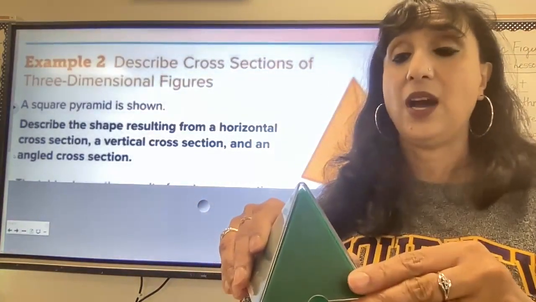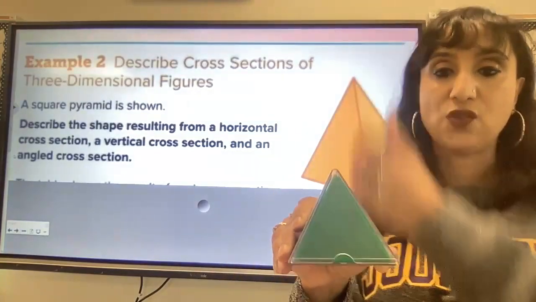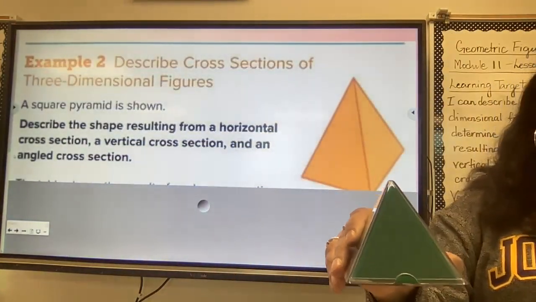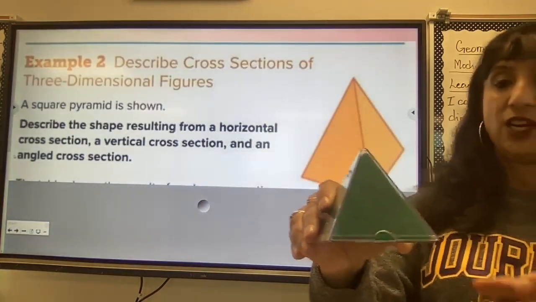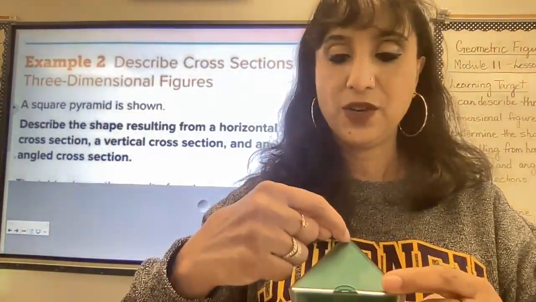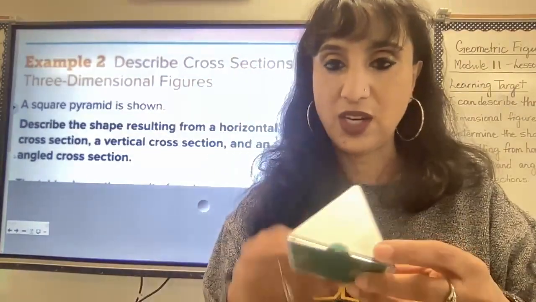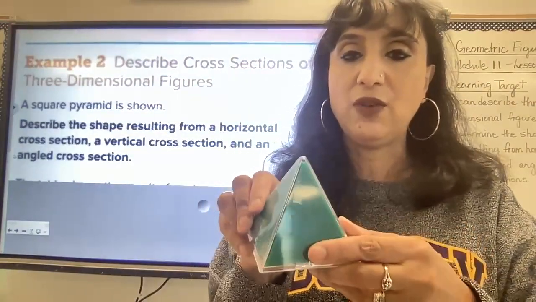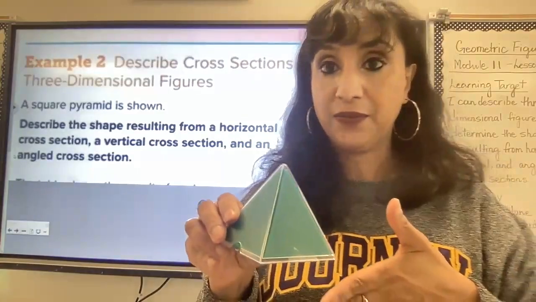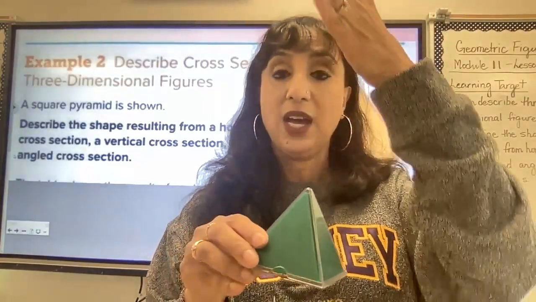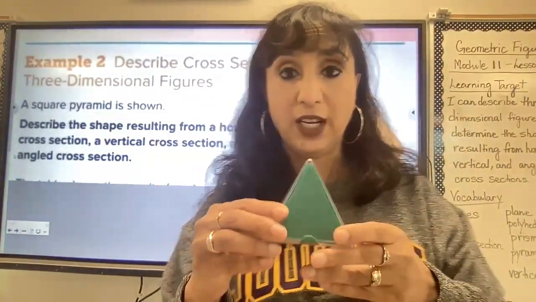All right. Now, let's see what happens when we cut straight down. We find the cross section vertically. So if I was to take this triangle, there's a triangle here, and I do the cross section like this, I am going to end up with a triangle. So it would be a triangle if I did the cross section vertically. Okay.